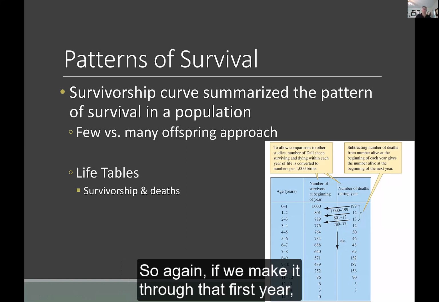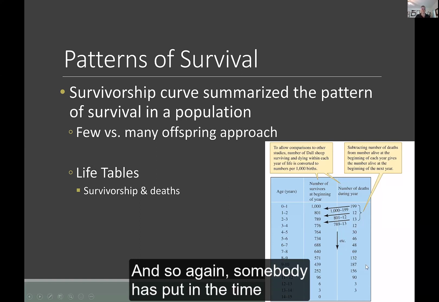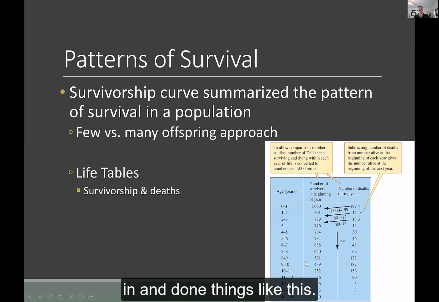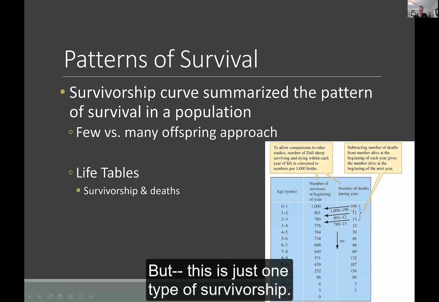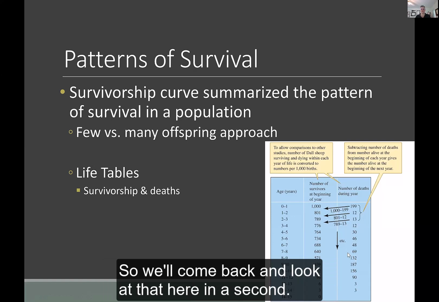Usually you're probably okay till you're about 10. Somebody's put the time in and done things like this. But this is just one type of survivorship, where basically the elderly are where we see most of the deaths occur. We'll come back and look at that in a second.